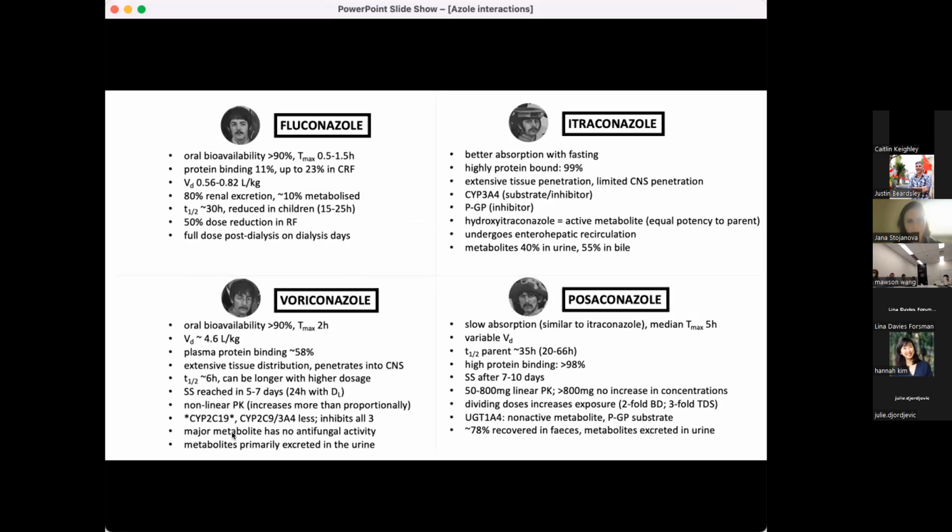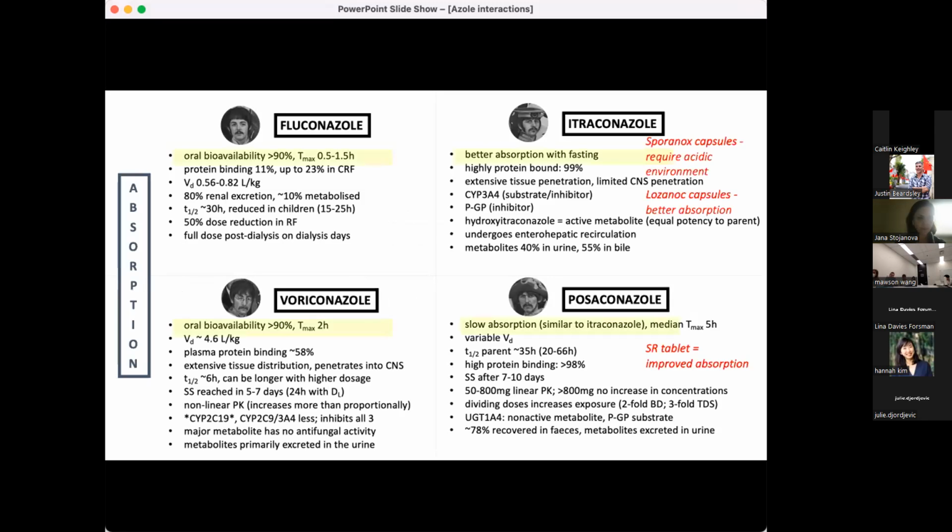So here we have our Fab4. It's a little bit overwhelming, but what I want to show here is that despite being a class of drugs, the individual drugs have very, very different pharmacokinetic profiles. So starting with absorption, we've got very good oral bioavailability for fluconazole and voriconazole. However, it's more complex for itraconazole and posaconazole.